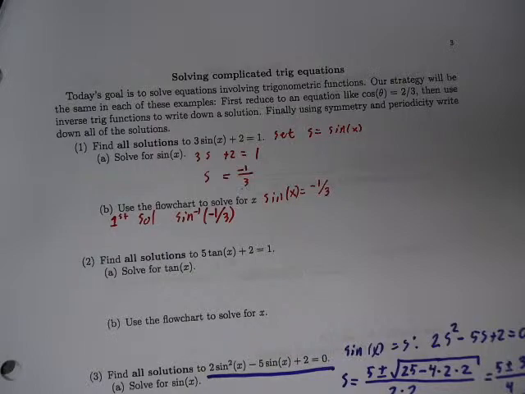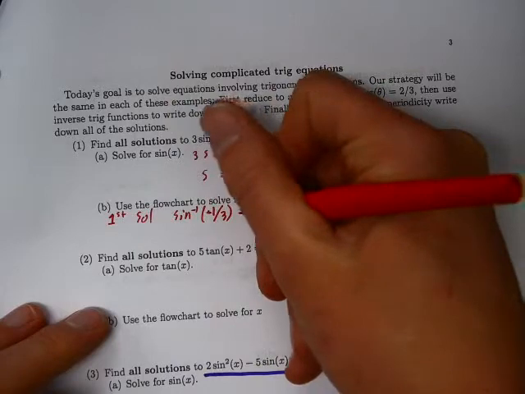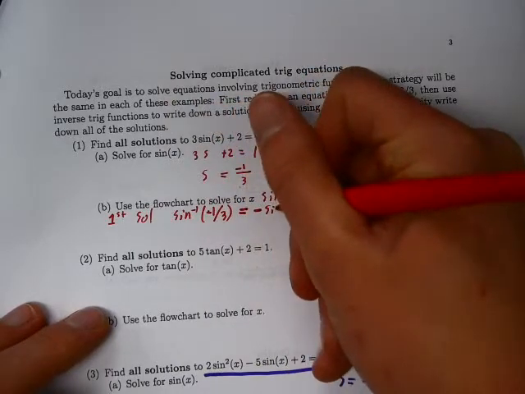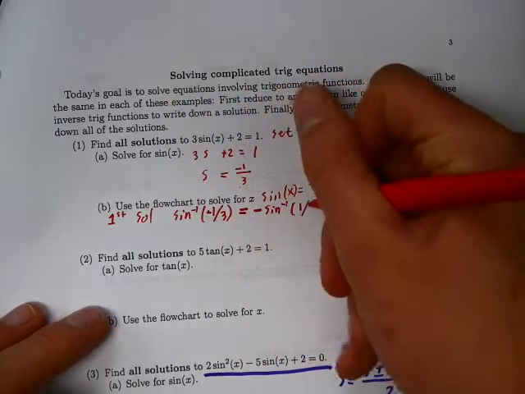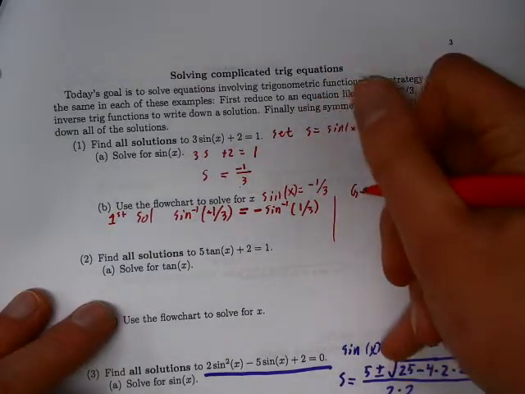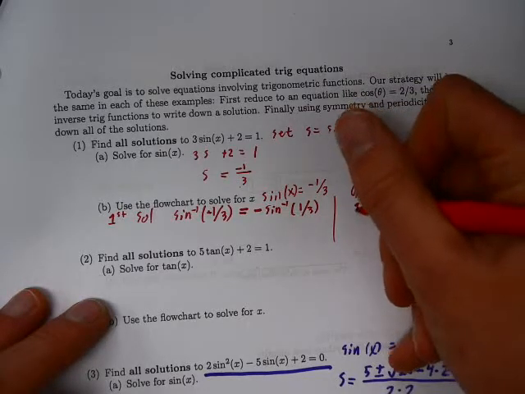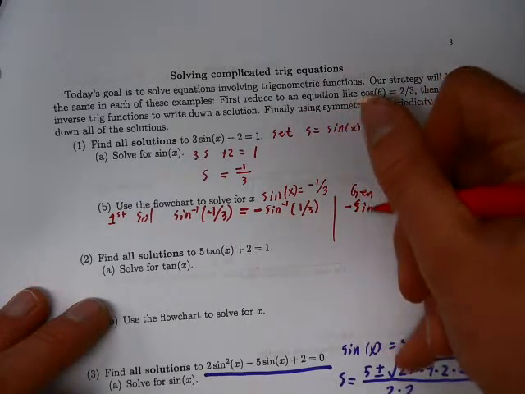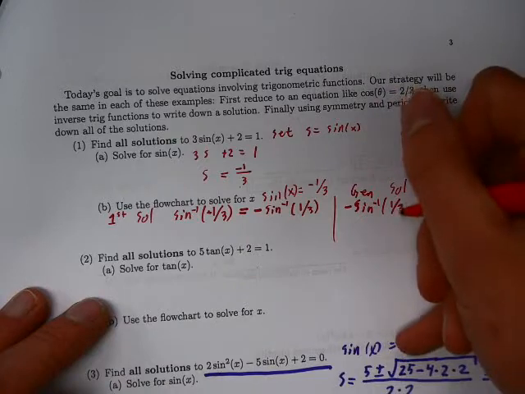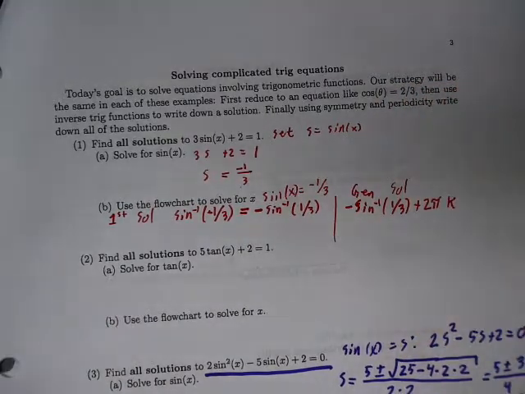We can just pull it up front. So may as well take advantage of the fact that sine is odd. Negative sine inverse of positive 1 over 3. So one of our solutions is negative inverse sine of 1 over 3 plus 2 pi k. There's one infinite family of solutions.